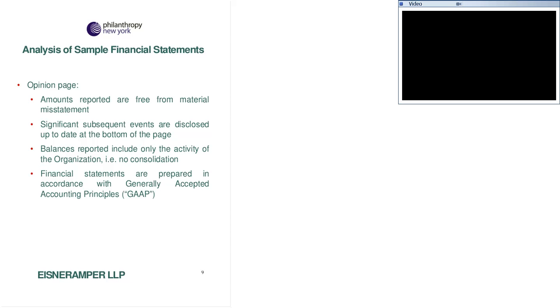In terms of what you're looking at, you always want to see whether or not the opinion and the cover of the financial statement say anything about consolidated. You want to know whether you're looking at your potential grantee, or maybe you're looking at a larger entity and your potential grantee is consolidated within these financial statements.